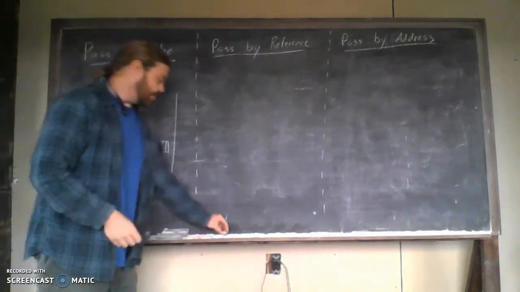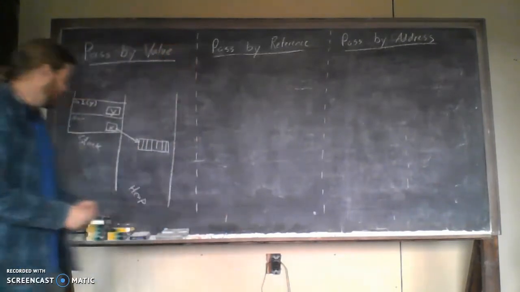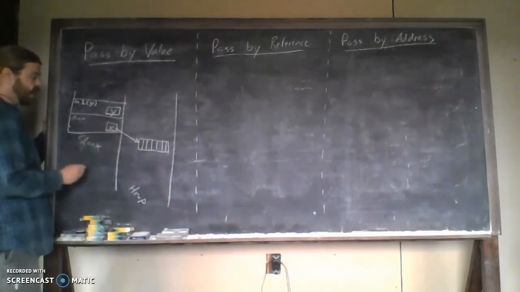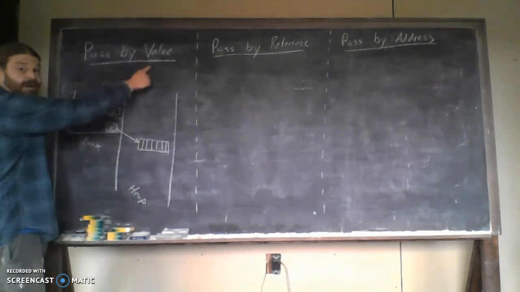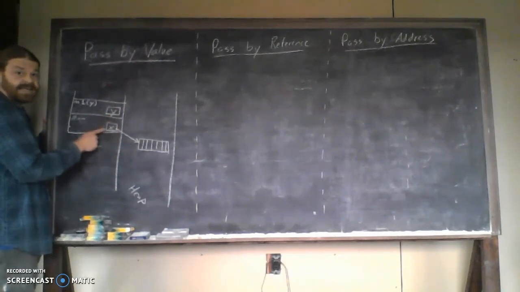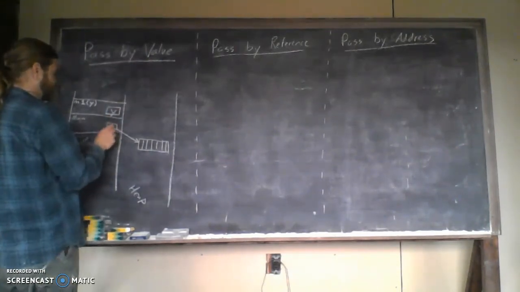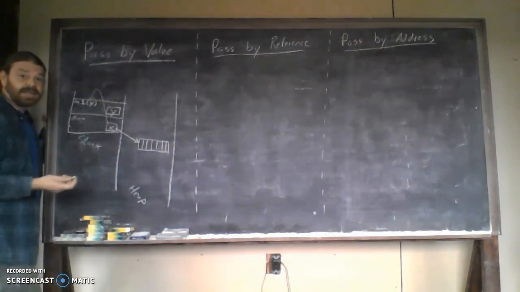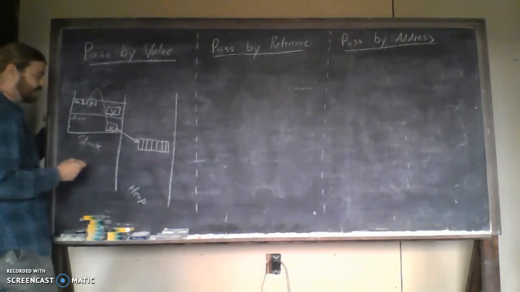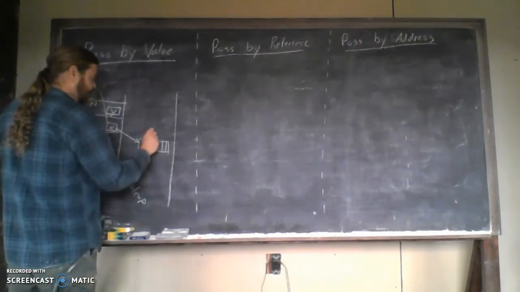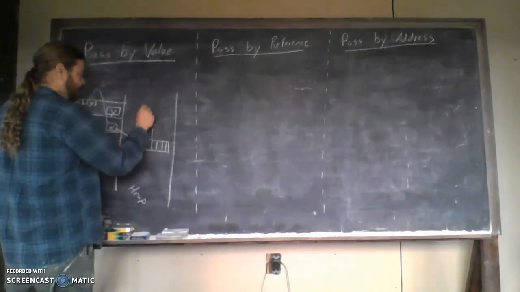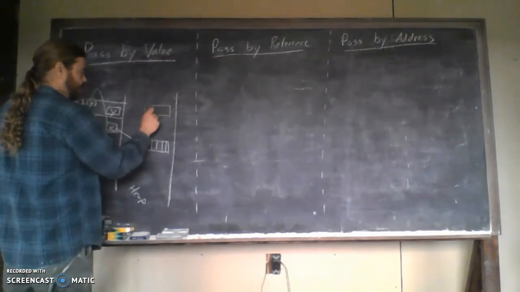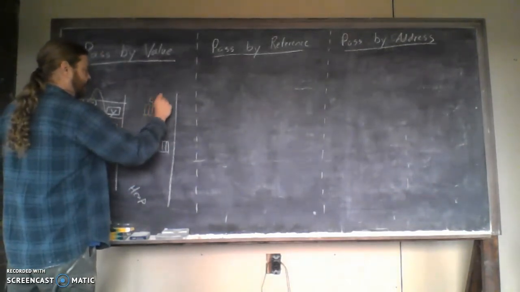Well, to pass by value, that means we want what x is holding. And when we pass by value, we don't want to mess up what x is. So we're going to pass that in notationally. We're going to say pass x in. But essentially what that does is it's going to come up here and make a copy.